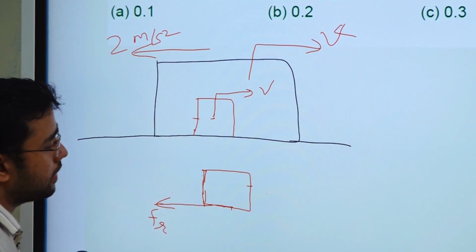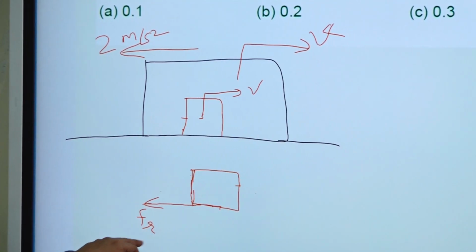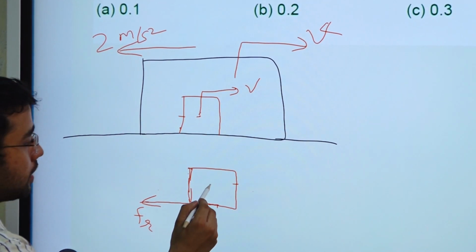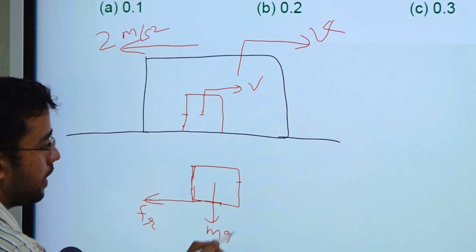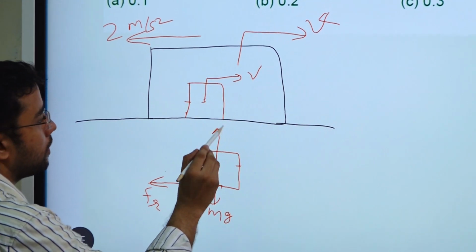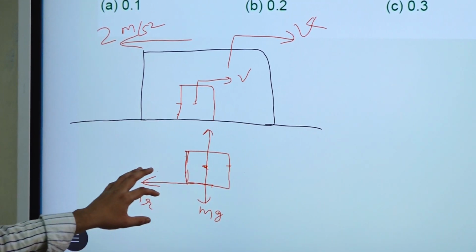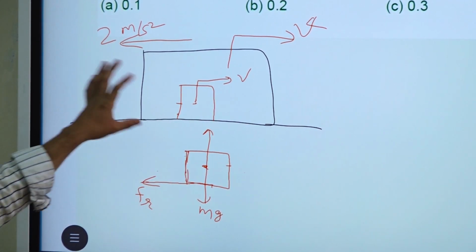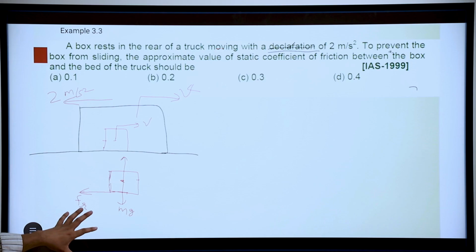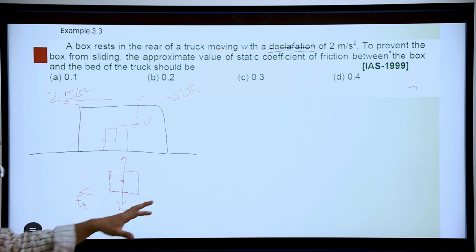As you can see here in this case, there is only one force acting horizontally. Obviously other forces are mg and normal force, right? So right now the whole system is in dynamic condition. Everything is moving, right?